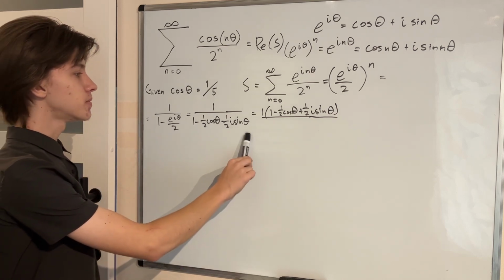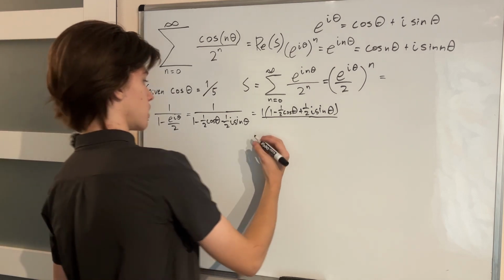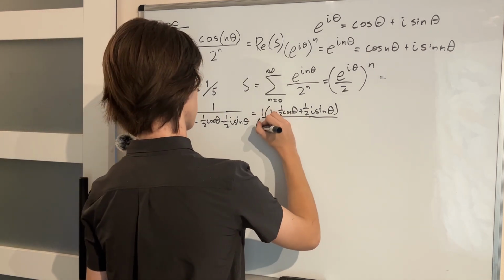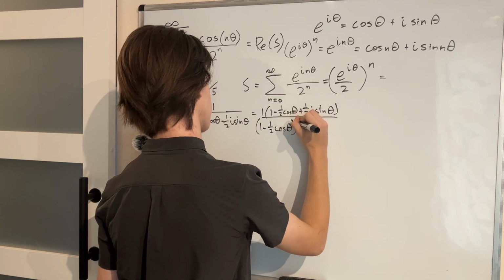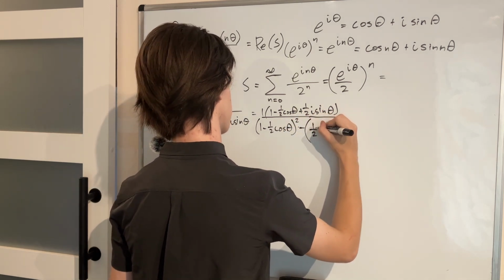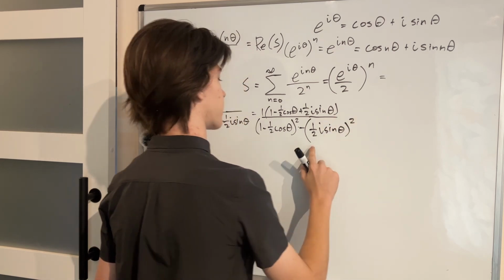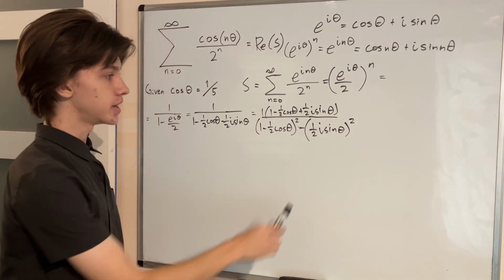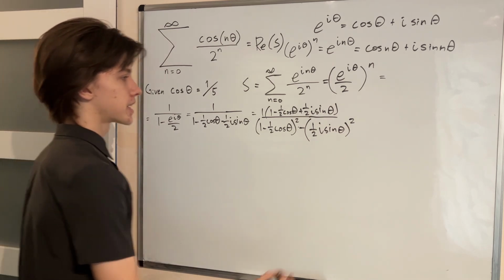We have the number and its conjugate multiplied together. And so we can write out the square of the real part, 1 minus 1/2 cosine of theta squared, in difference with the imaginary part squared. And the reason for doing this is quite obvious, because when we have an imaginary part squared, the i squared becomes -1, and that just gets cancelled.